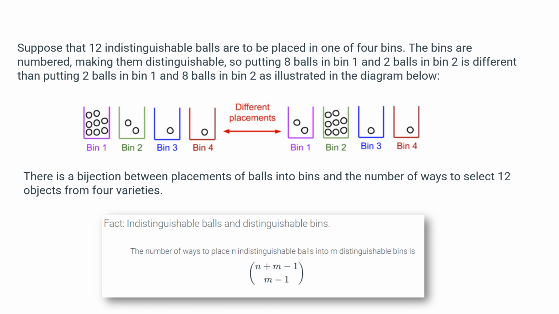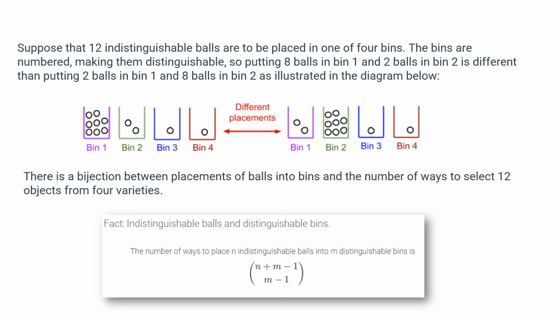These two placements would be considered different because we have a different number of balls in the particular bins. So what we want to do is find out how many ways we can place these 12 indistinguishable balls into the 4 distinguishable bins.